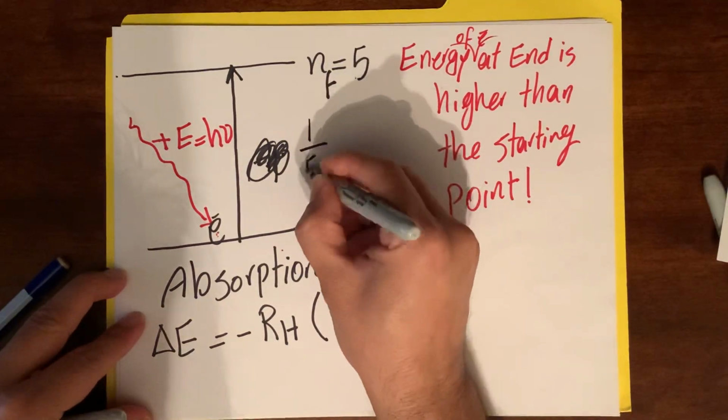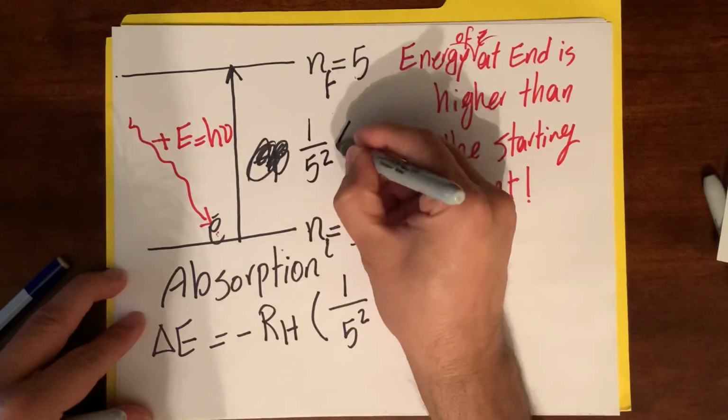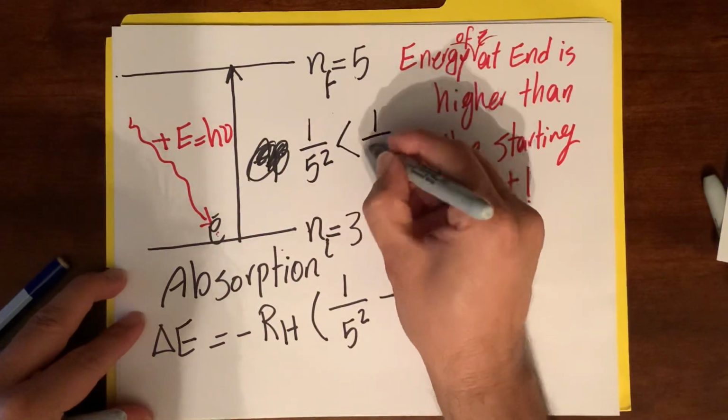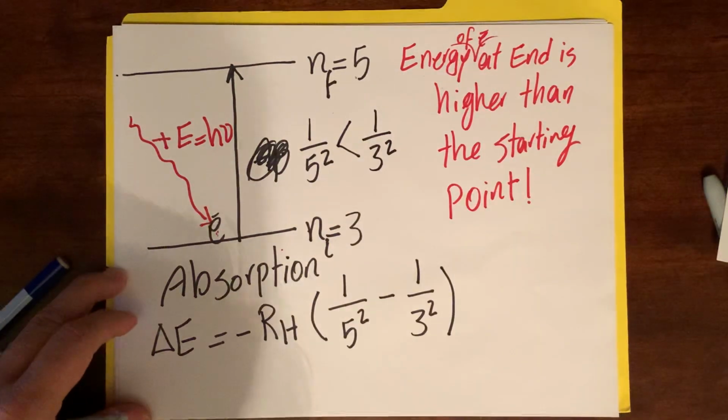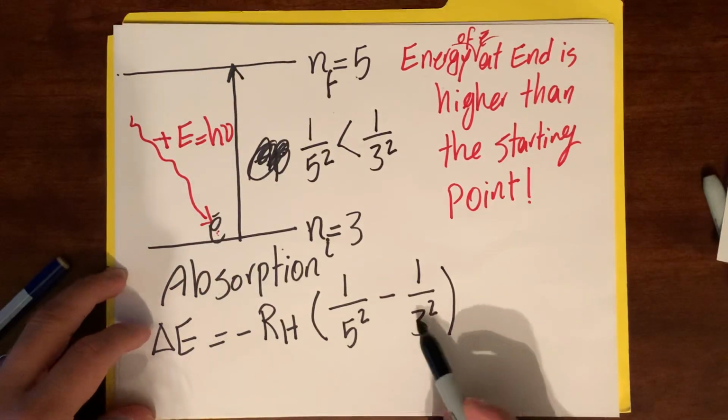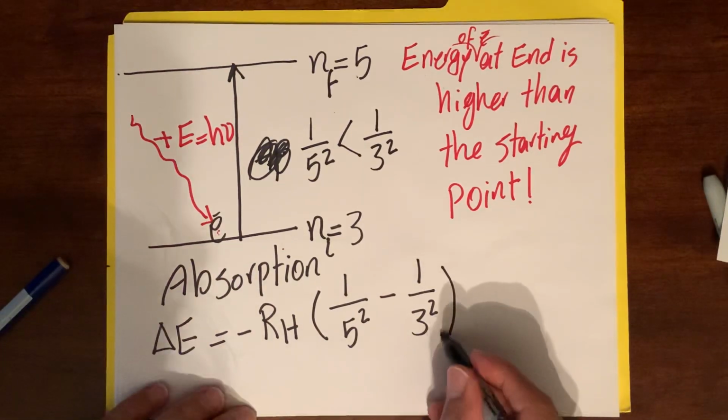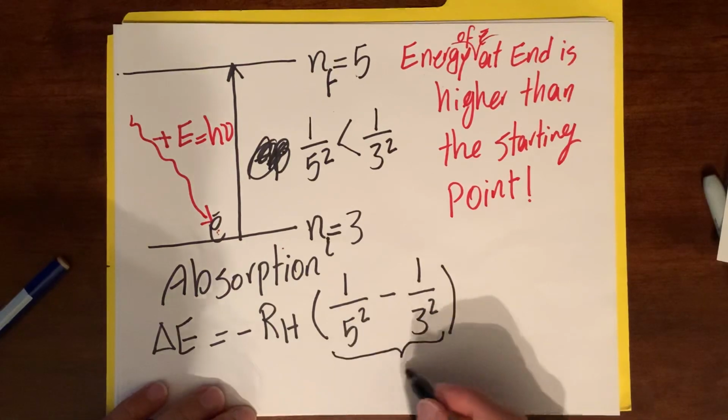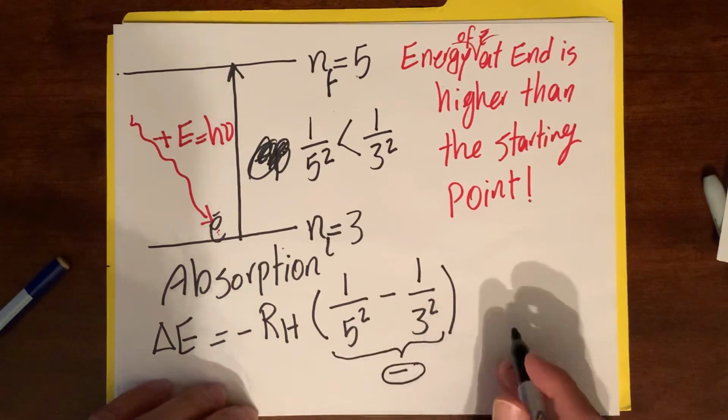1 over 5 squared is smaller than 1 over 3 squared. So when I subtract them, the answer for this part is going to be a negative number.